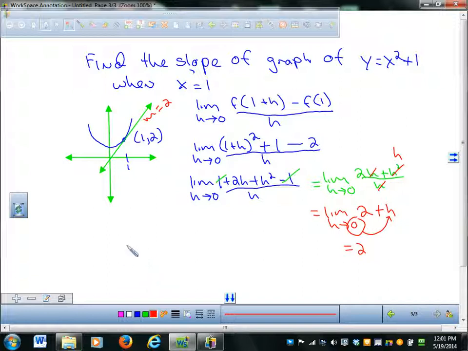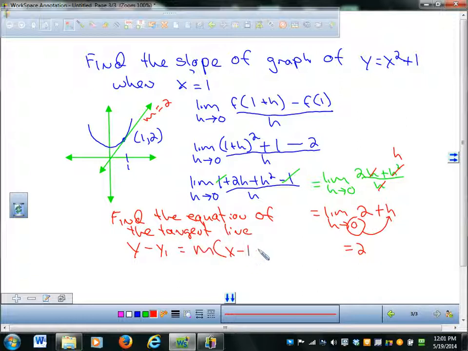If they ask you to find the equation of the tangent line, which they will, find the equation of the tangent line. I'm writing pretty neat up here today. Equation of the tangent line. Okay? All you have to do is you have to plug into this formula. Y minus y1 equals m times x minus x1.